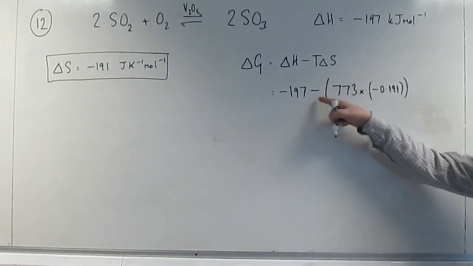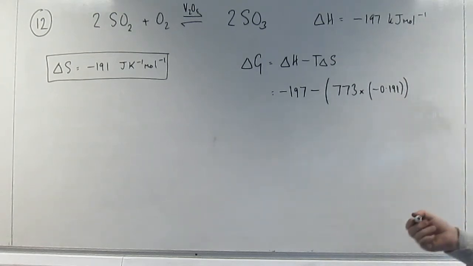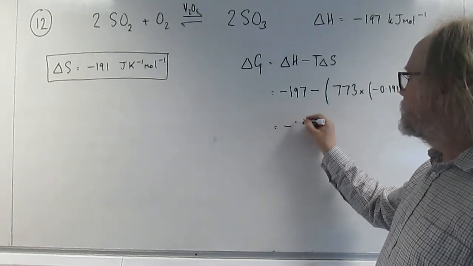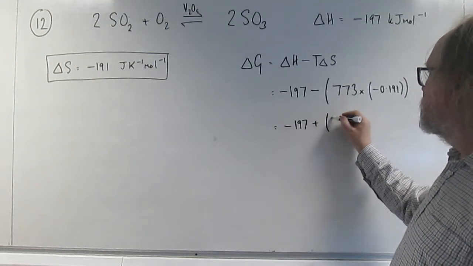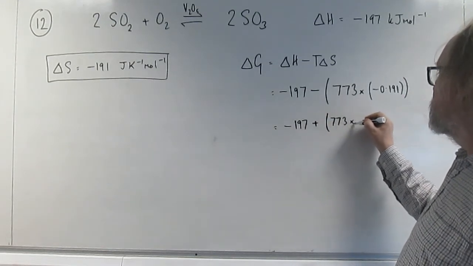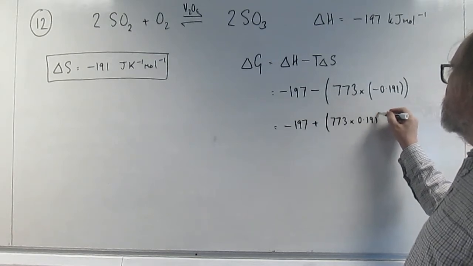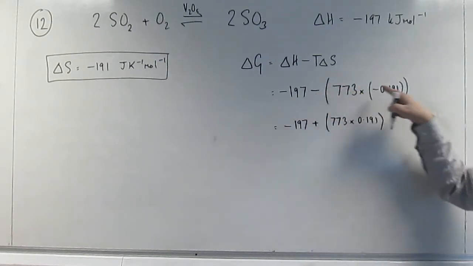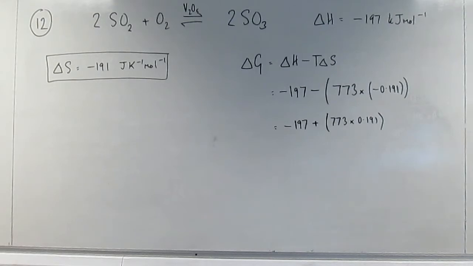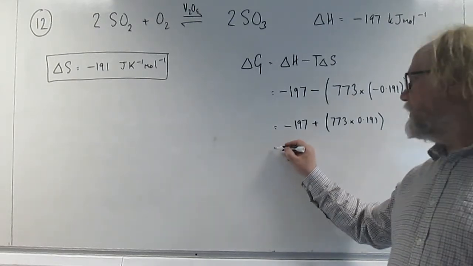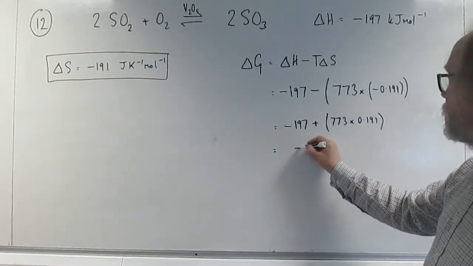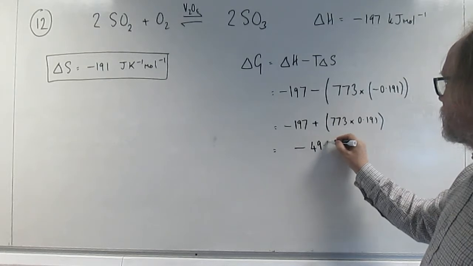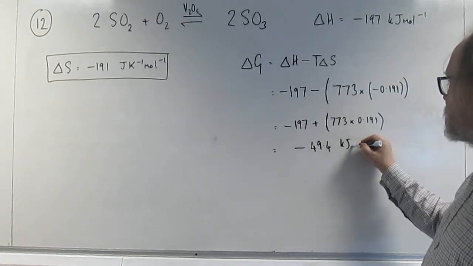Okay, and again we've got this awkward subtracting a negative number, so it's probably sensible to just rewrite that as minus 197 plus 773 times 0.191. Okay, because if you subtract a negative number, that's the same as adding a positive number, and if you work that out, you should get minus 49.4 kilojoules per mole for delta G.